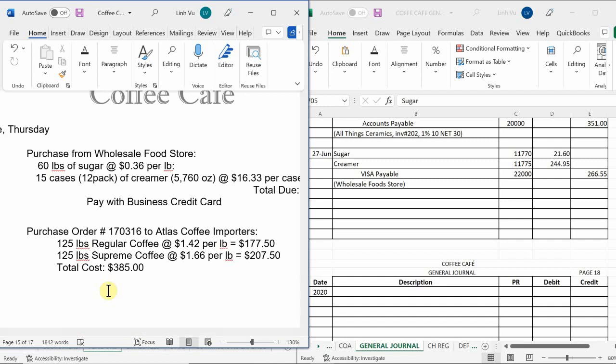I have another purchase order for another 250 pounds of coffee. This time, it's quoted for $385. Purchase order.